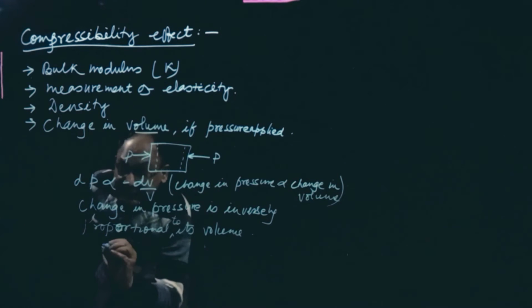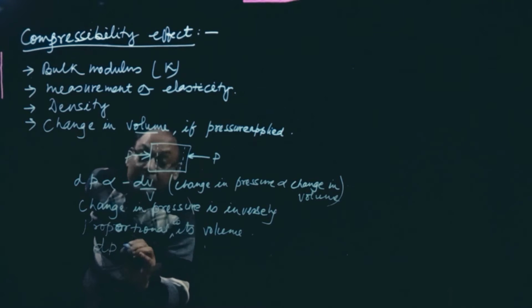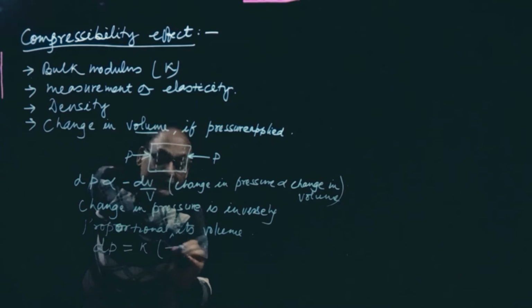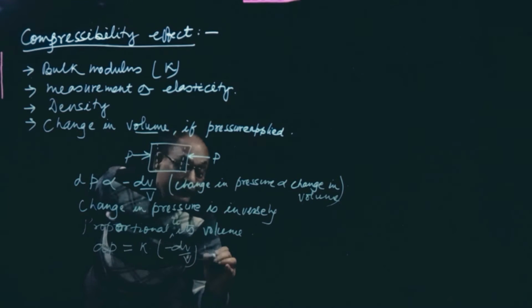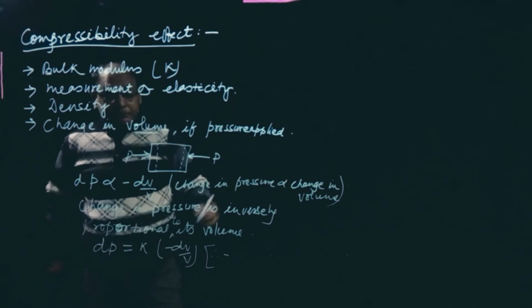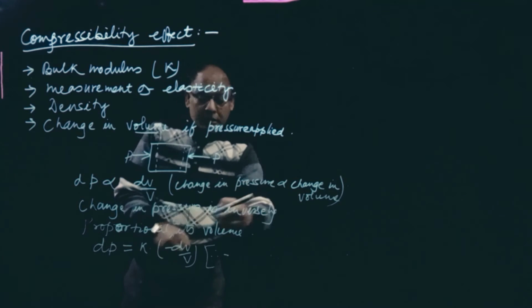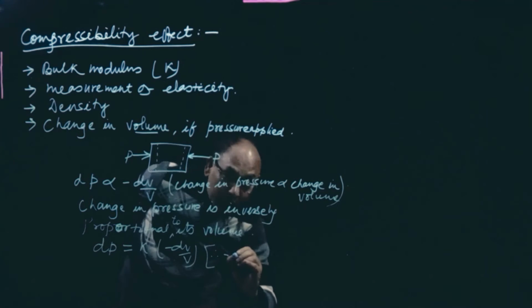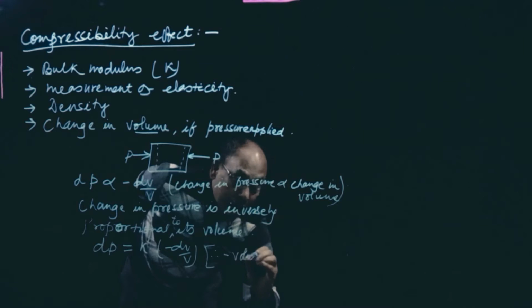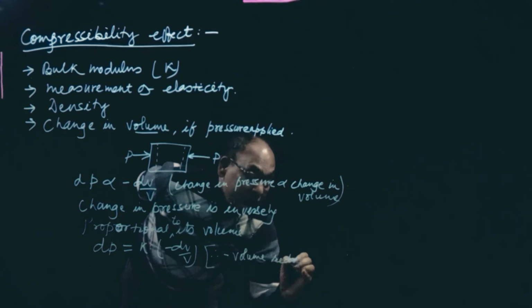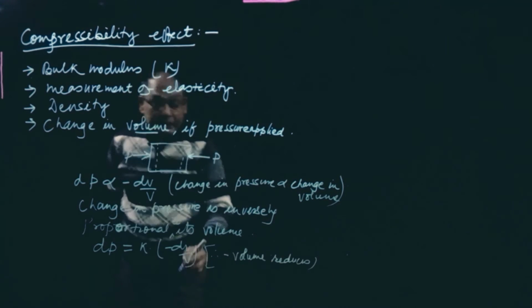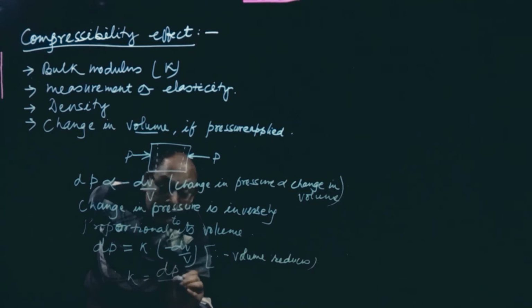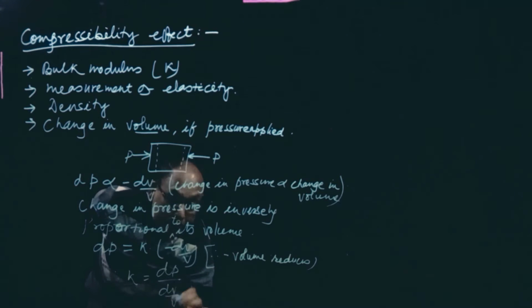Now this is dP. From this equation, the proportionality constant will come: dP equals K times minus dV by V. Why minus? If we apply the force, the volume reduces. That is why minus dV by V. Therefore K is equal to dP by (minus dV by V).